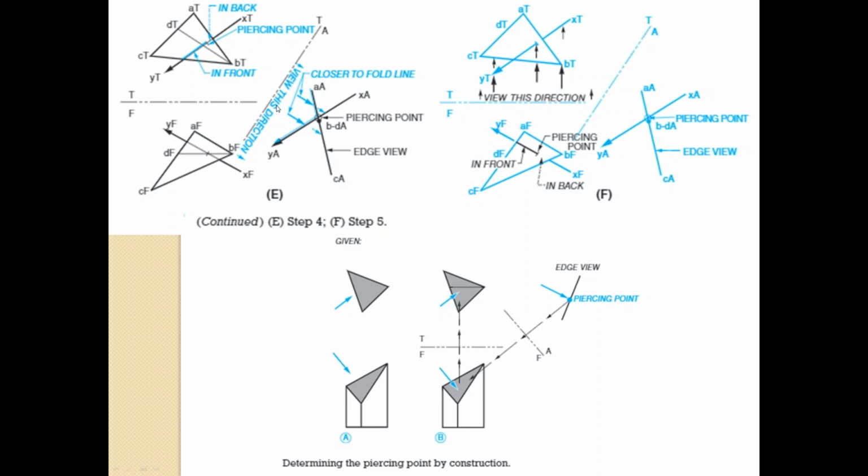So this is closest to the fold line, therefore this is on top. And same thing applies to the bottom. When this is on top, same thing, this is going to be on top of the surface.